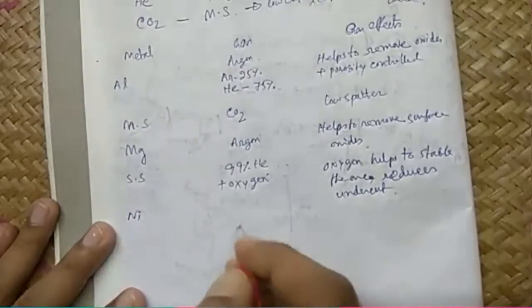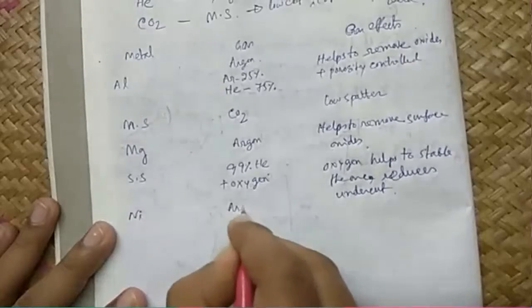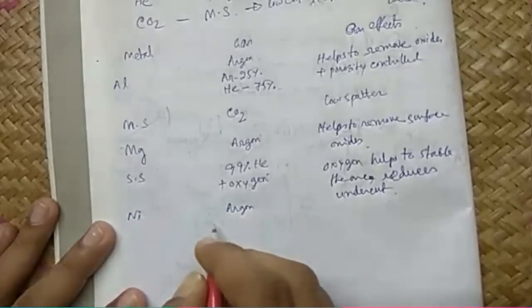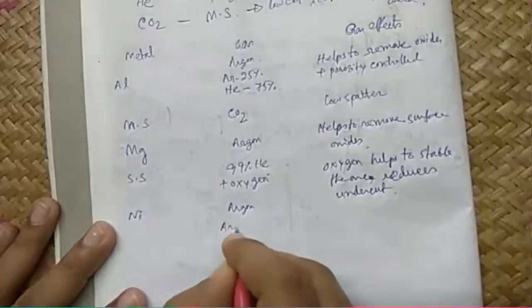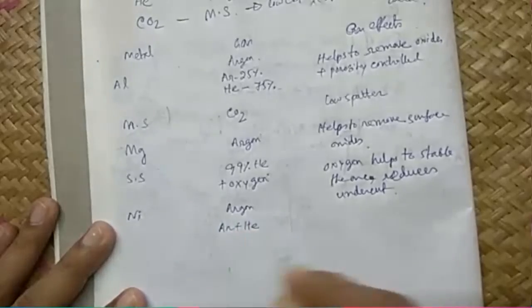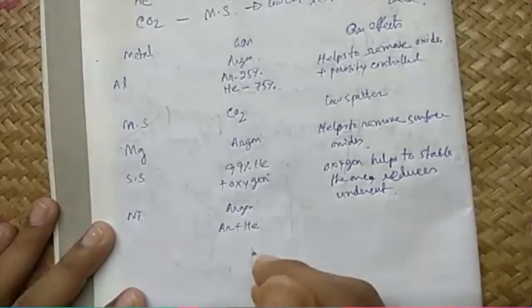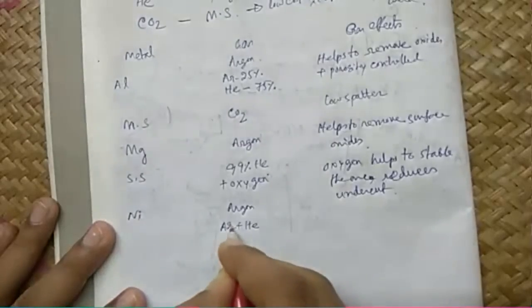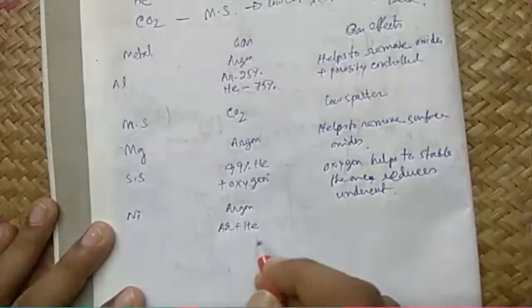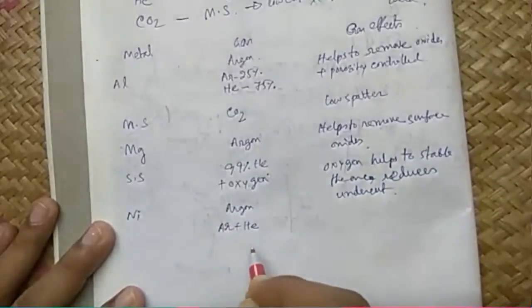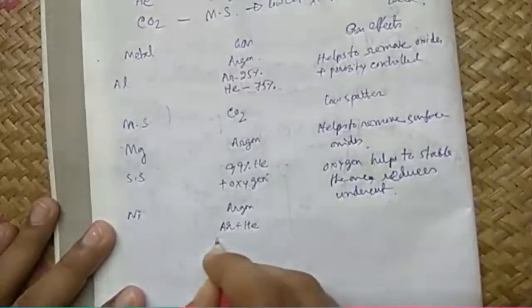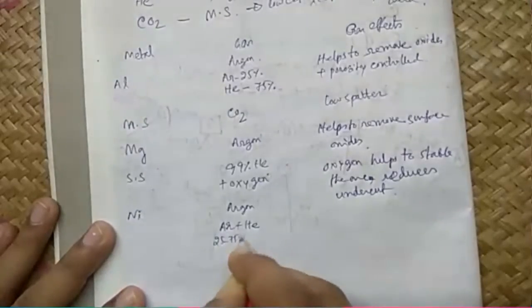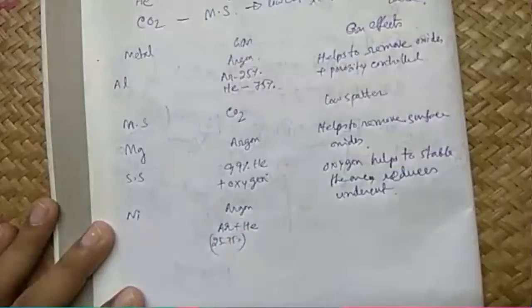For nickel, either argon is used or argon plus helium is used. Okay, the ratio changes depending on the requirement. Argon can be used 25 to 75%, and depending on the argon, He can be changed.